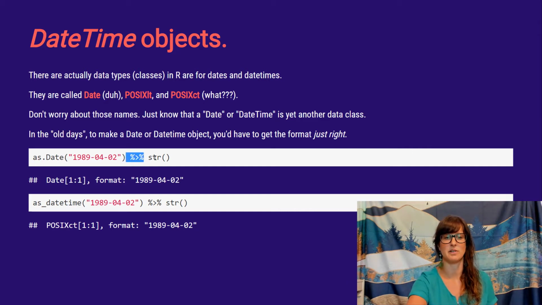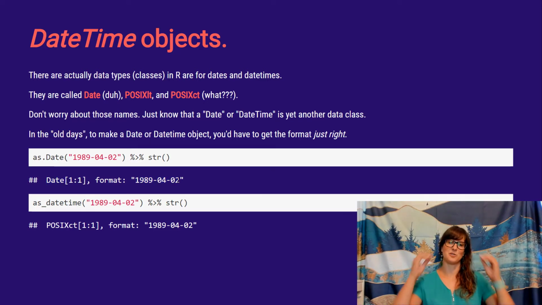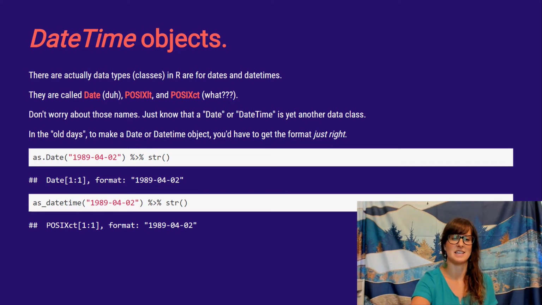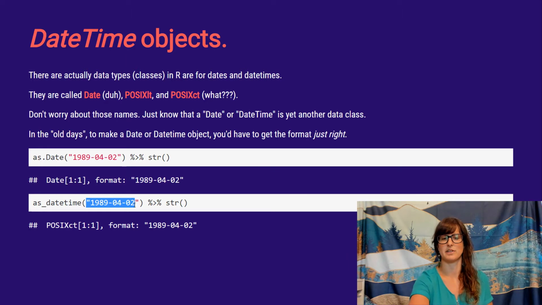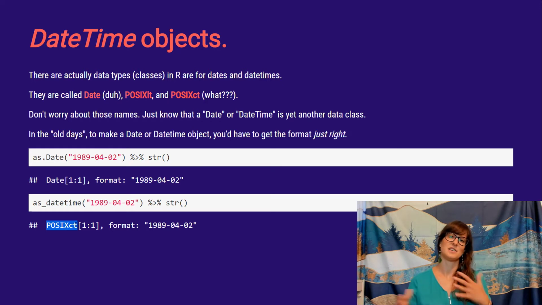If we pipe that over and look at the structure, we see that the type is date. And we can see the value right there. And so that's great. There's also this function as_datetime that does kind of the same thing. It takes a string of perfect form. If we look at the structure, now you're seeing that funky POSIXct business. Regardless, you should interpret that as, oh yes, we have made a DateTime object.